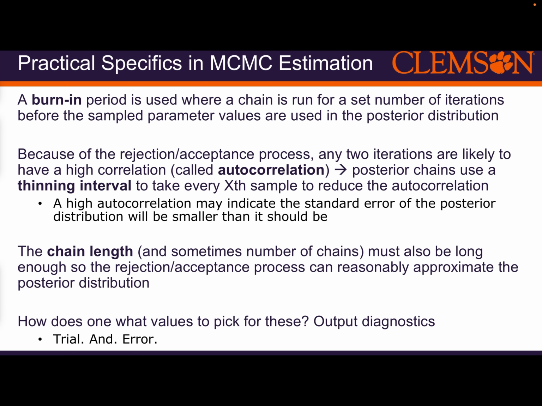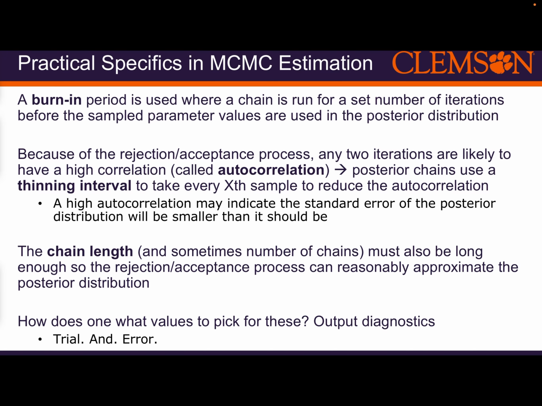Another thing that shows up in this approach is that because of the acceptance and rejection process, this rejection sampling, any 2 iterations are likely to have a high correlation. We call this autocorrelation, right? The correlation of a parameter value at iteration 1 will be potentially high between 1 and 2, one lag away.